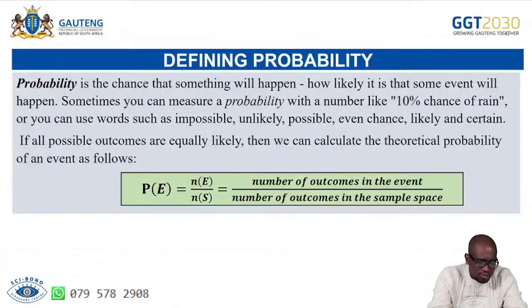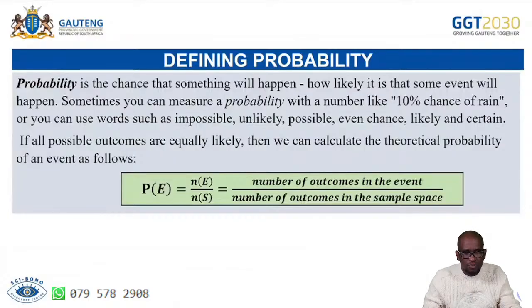Those are some of the words that you can use to show how probable an event is to happen. If all possible outcomes are equally likely, then we can calculate the theoretical probability of the event as follows: probability of an event E is the number of elements in the event divided by the number of elements in the sample space.